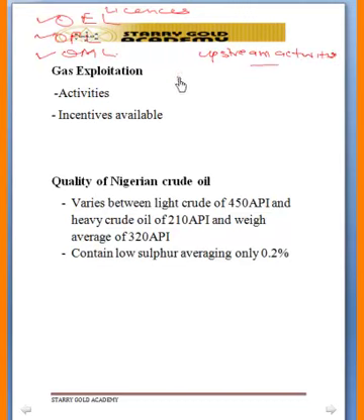One is mineral right acquisition. Two, exploration and drilling.